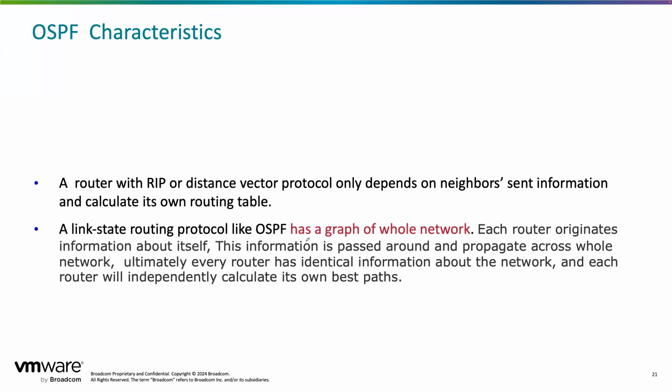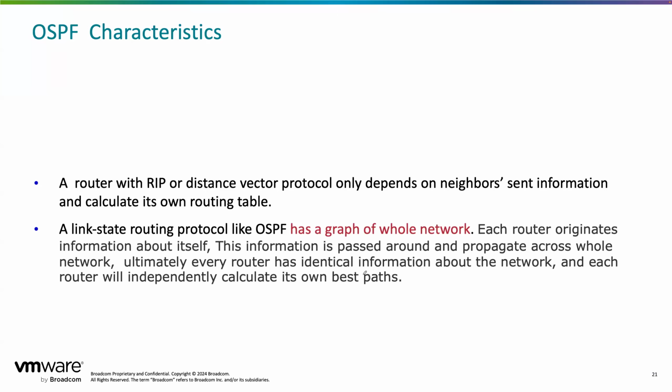A link state protocol, in contrast, has a graph, the whole picture of the entire network. That means that initially each router originates the information about itself, creating link state LSAs.